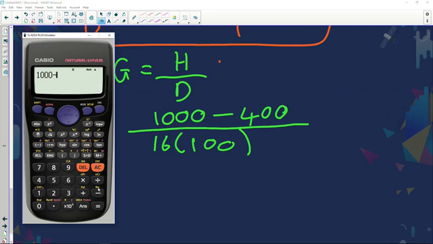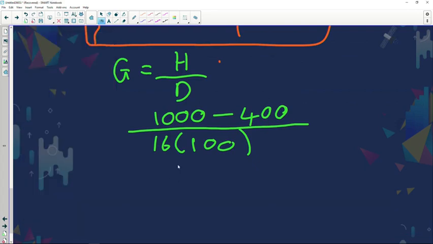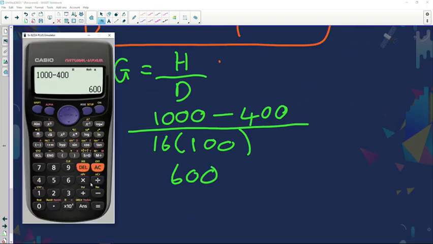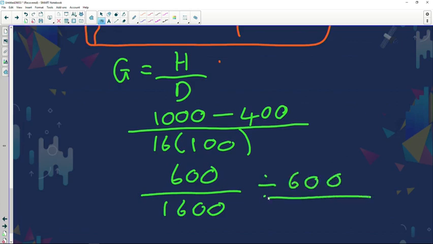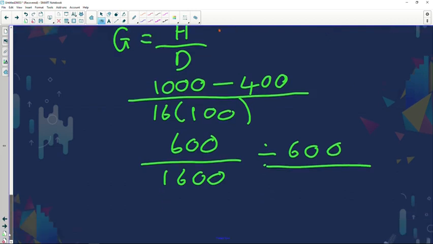So if we could quickly get our calculator out and do the calculations, 1,000 subtracting 400 equals 600. Then 16 times 100 equals 1,600. Now remember, we need to get a ratio of 1. So we say 600 divided by 600 gives us a ratio of 1.